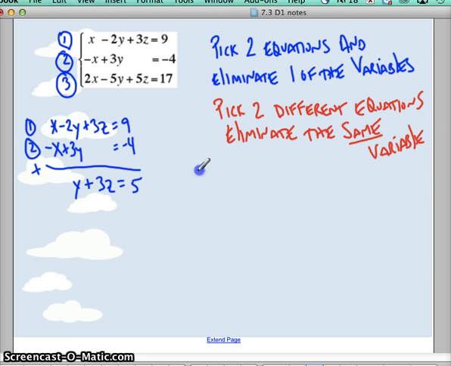So let's see here. How do I want to write this out nicely? Okay, so I'm going to multiply this whole equation by 2.